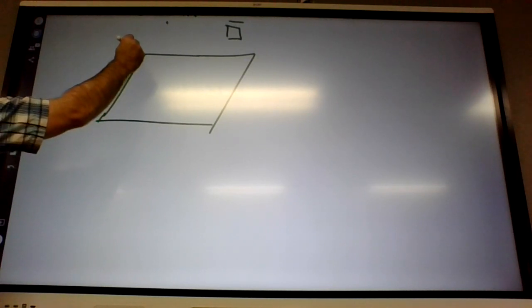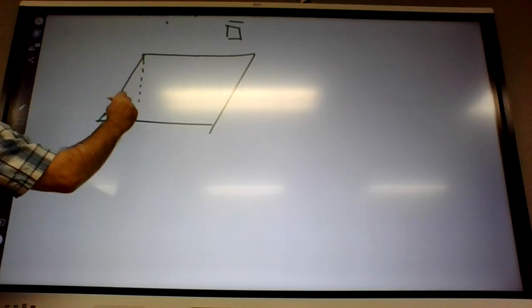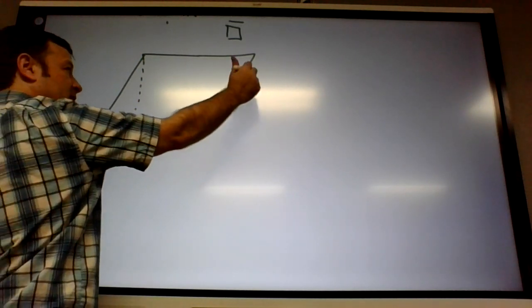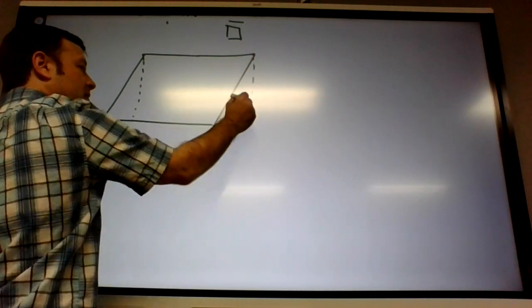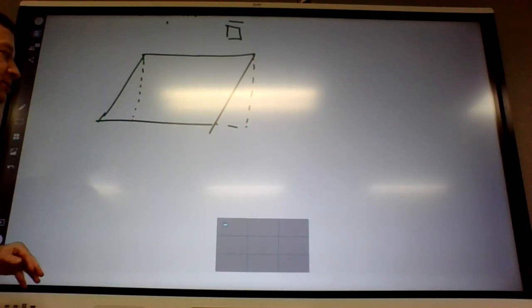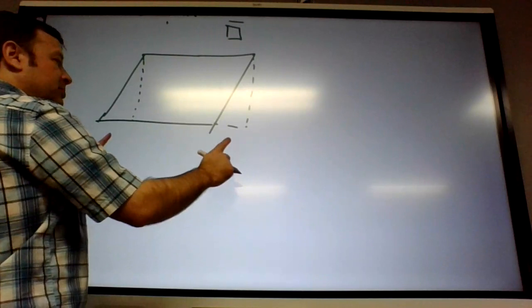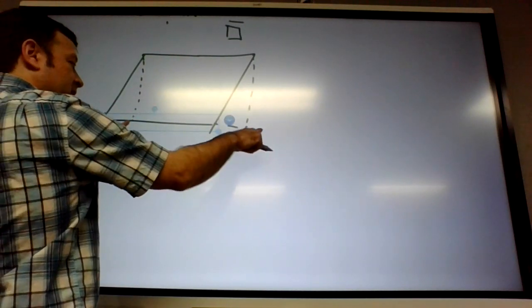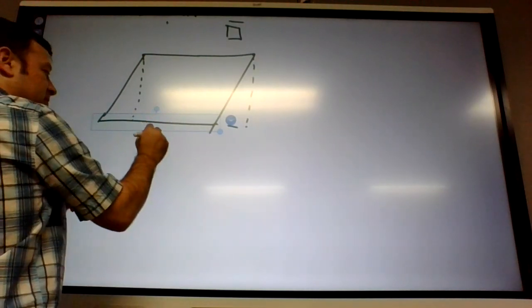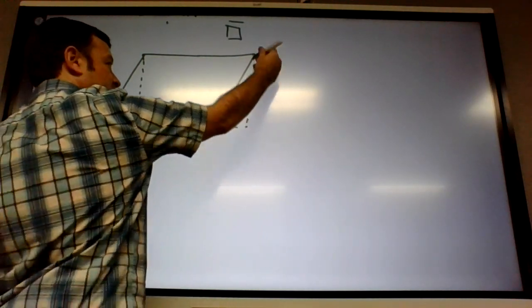If I took the scissors and cut this straight down over here and transplanted it over here, what would I get? This rectangle. Yeah, it turns into a perfect rectangle. So what would the area be? It'd be this length, which is the same as this length. So base times this height.